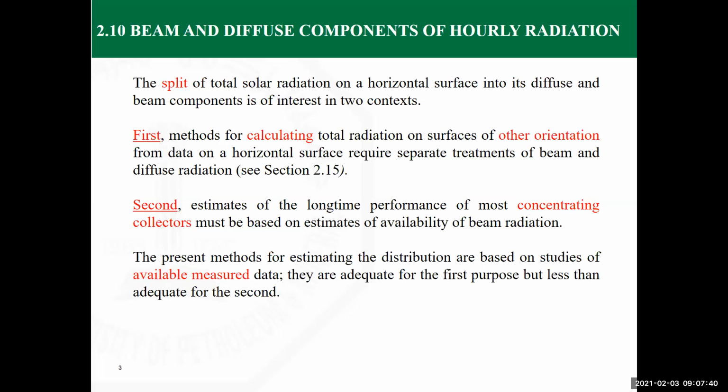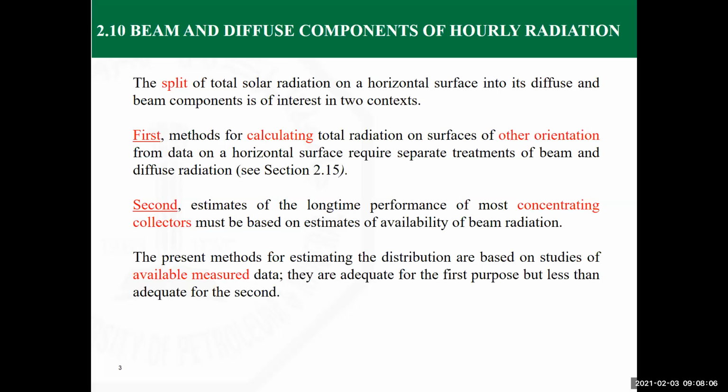As we will see a little later when we come to the applications, some devices depend primarily on the beam radiation, while other devices consider the diffuse radiation. So being able to calculate these fractions, and know what the beam radiation and the diffuse radiation are for each location, at every time, is an important issue.